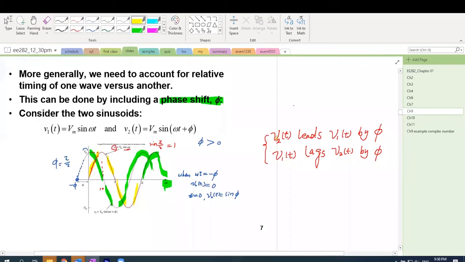As a matter of fact, in this case v2(t) leads v1(t) by φ, because there's φ here and here v1 has φ equal to 0. Or the other way around, v1(t) lags v2 by φ. Note the unit of φ is degrees here.